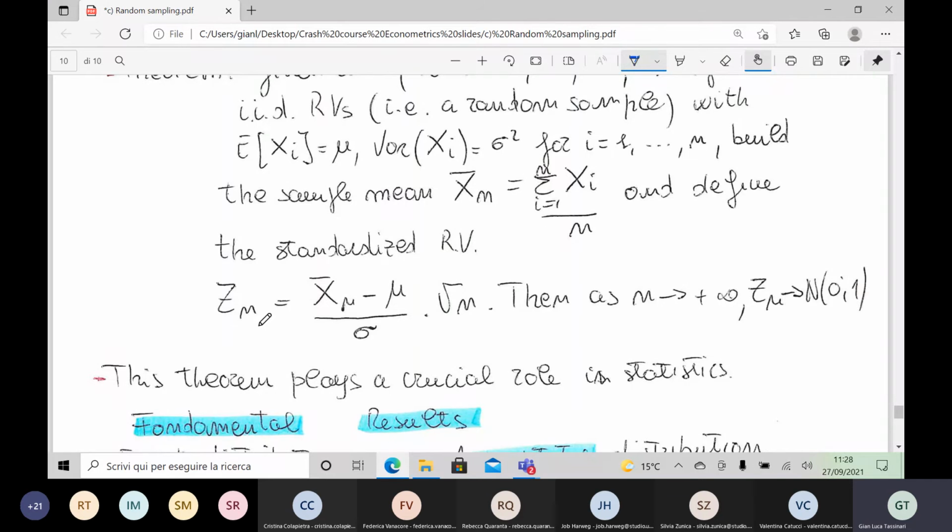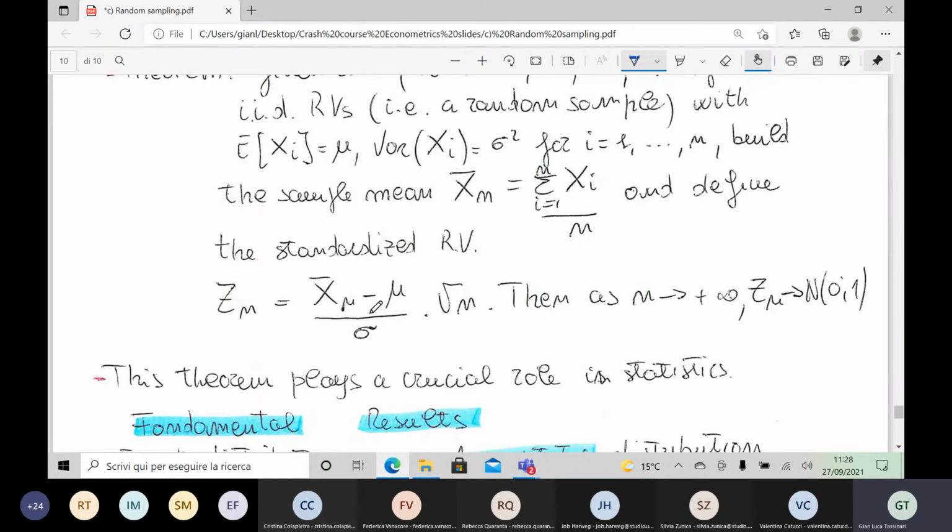Then, as n tends to plus infinity, that is, as the dimension of the sample increases, the distribution of the random variable zeta n, which is the standardized mean, tends to the standard normal. So what is different here with respect to what I explained in case A? In case A, guys, I told you that x bar minus mu over sigma times square root of n follows a normal 0, 1, but we proved it by assuming that the population X was normal.